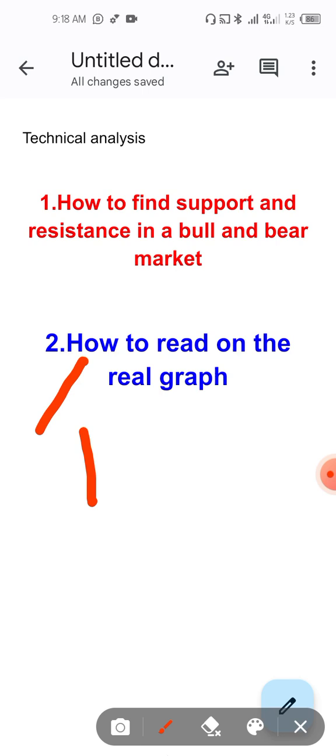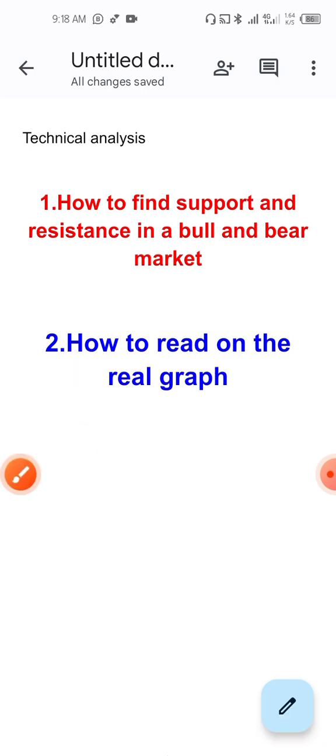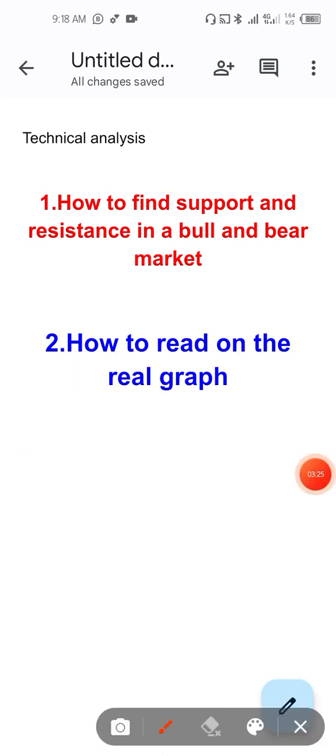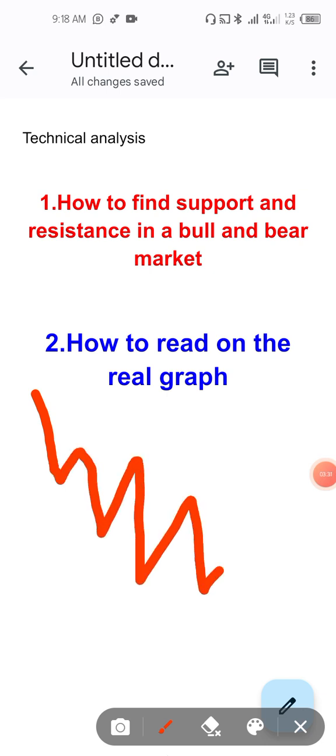So you find that someone says today the market is bearish, today the market is bullish. Now you have to first identify that. When the market is bearish, it means it is coming down. It moves like this, like this, like this. Now, there is one rule that they normally say: if the market is coming down, the financial market will never come down in a straight line to the bottom.